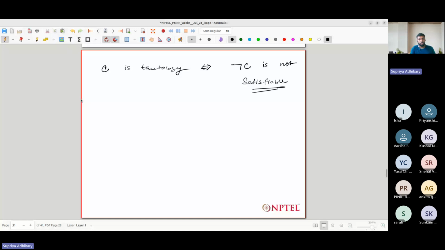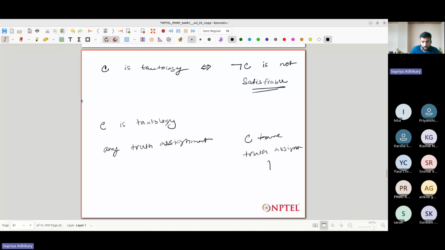If C is a tautology, then any truth assignment to the literals of this proposition C will give C the value true. So C will have the truth assignment T for any truth assignment to the literals.